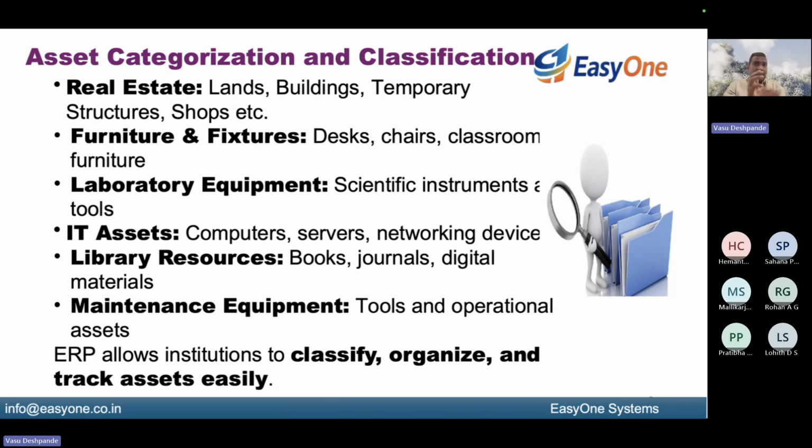Because quite often people buy a computer or a server and forget about it. But each server has got a lifespan of 3 to 5 years. That means there is a replacement to be done. So you need to plan that. The software system can send you the reminder. So that's asset categorization, classification, all of that you can do in your assets register.